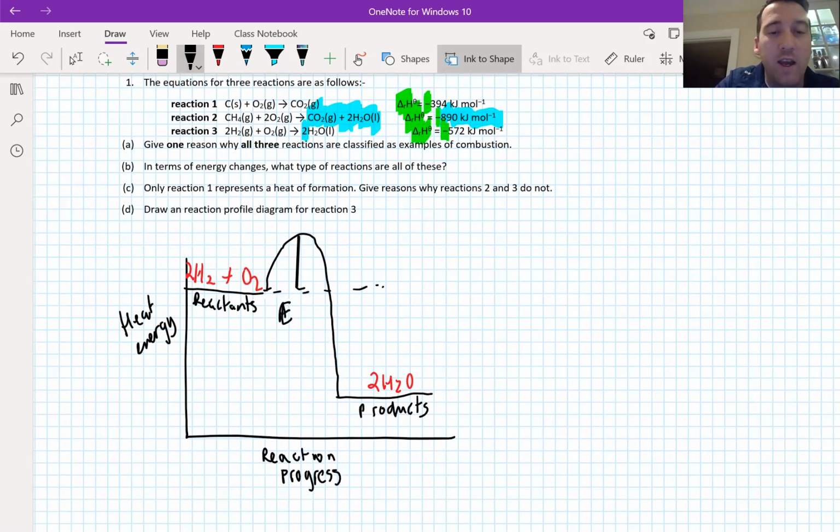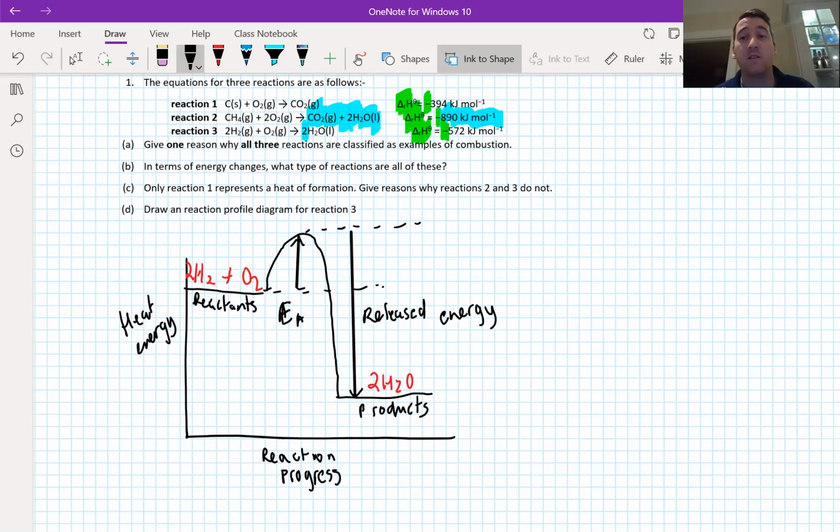We call it EA, activation energy. And we will call this the released energy. Okay, that is a reaction profile diagram, knowing that the reactants are higher in energy than the products. So well done if you got that right from memory.